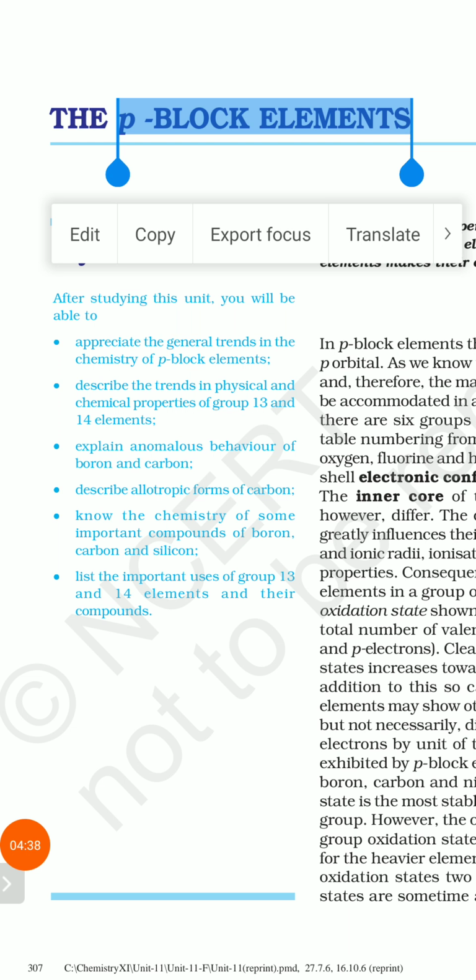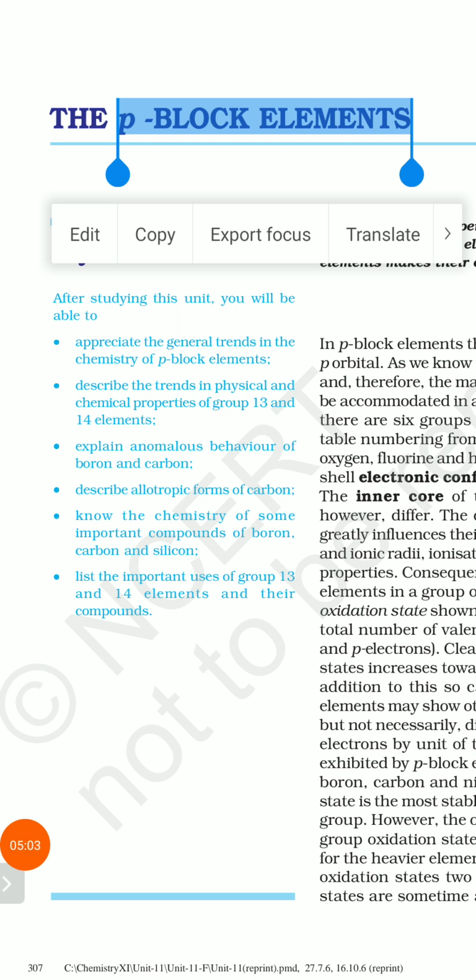Similarly, if the last electron enters into the S subshell, that is called S orbital. D orbital, how did we define: the last outermost electron enters into the (n minus 1) D shell, and so on.